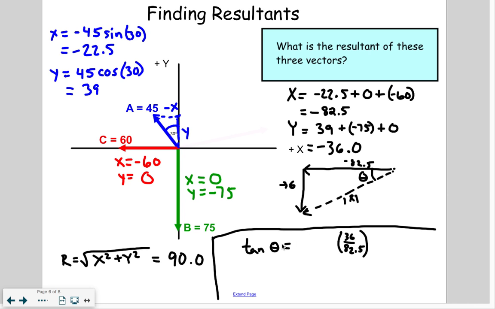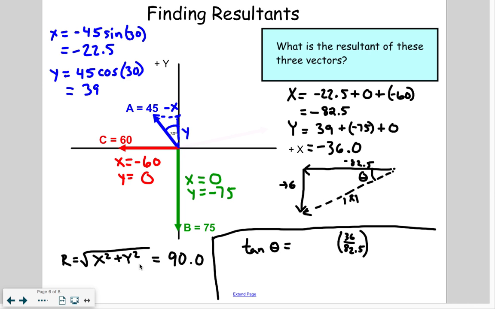So if I'm doing tangent here and I got a negative, that just tells me it's going to be either in quadrant 2 or quadrant 4. But if I get a positive value, that tells me it's either in quadrant 1 or quadrant 3. And check this out. What quadrant is this going to be in? It's going to start out going back and then down. It's going to be in quadrant 3. Should be positive, and look at that. There is a positive sign in there. So just leave out the negatives when you're doing tangent if you'd like.